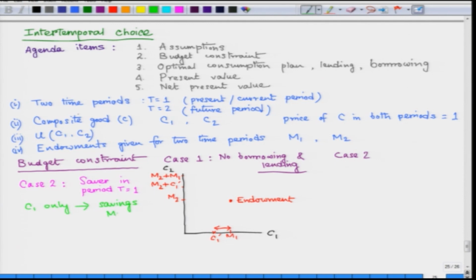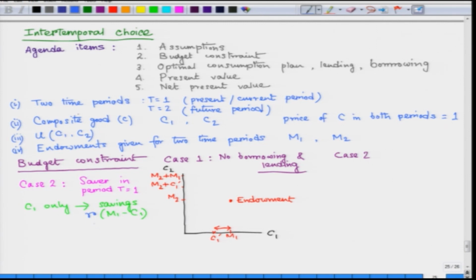So, if he or she consumes C1 only in period 1, that will lead to savings M1 minus C1. Now, this savings he or she can keep with a bank, and that bank will give him or her a rate of interest in return for this amount of savings. So, basically the consumer is lending the money to the bank.